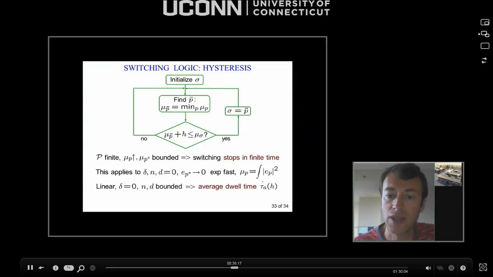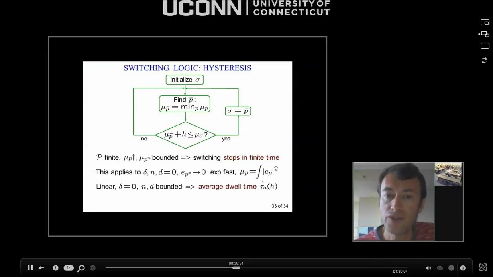The second component that I need to have is a bound on E sigma in terms of each individual estimation error EP. And in this context, it can also be obtained. There is a formula like this. The details are not so important right now, but the important thing is that the gain, so to speak, from the L2 norm of EP to the L2 norm of E sigma depends on the size of your uncertainty set, so this is still for a finite uncertainty set, and also on the size of your hysteresis constant.